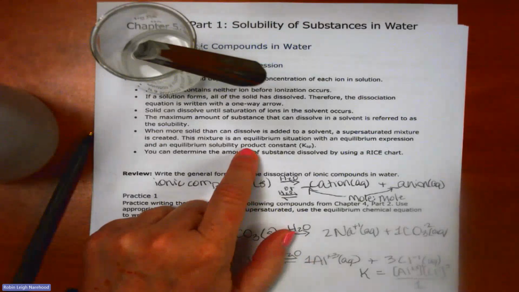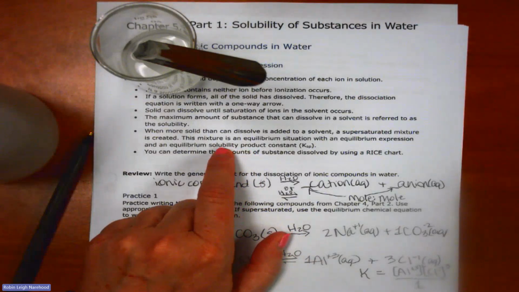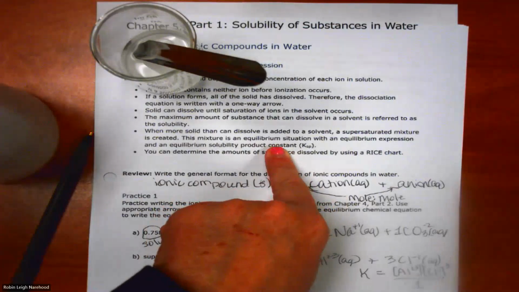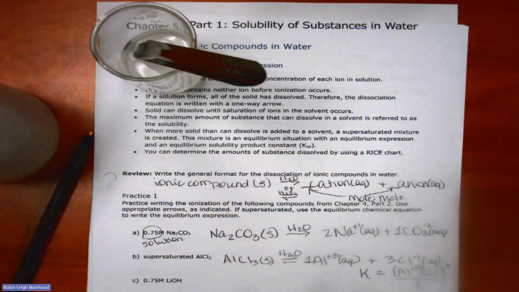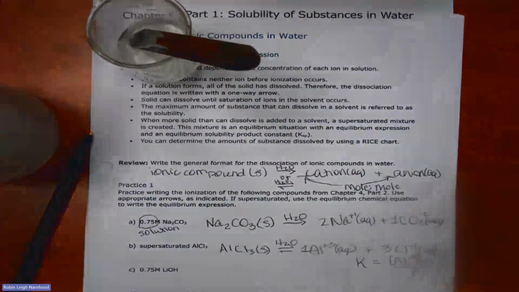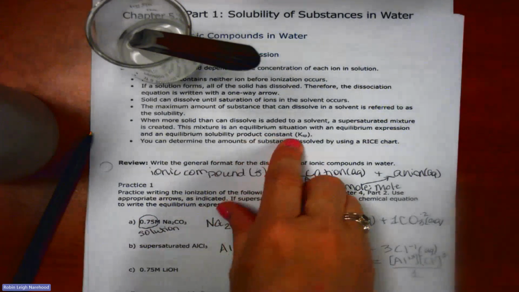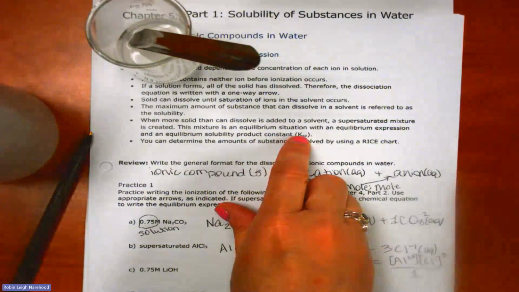And so the solubility constants are referred to as the solubility product constant. Product being on the product side, and plus the multiplying them together, that's also a product. So it is the product, being multiplication, of the solubility of the compound. And so the constant is called the KSP.